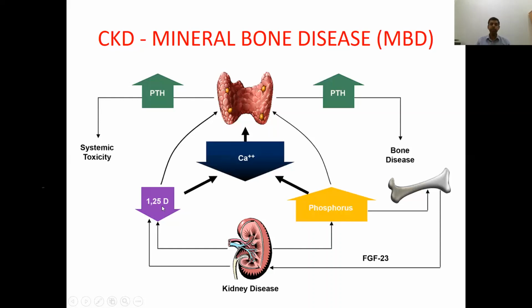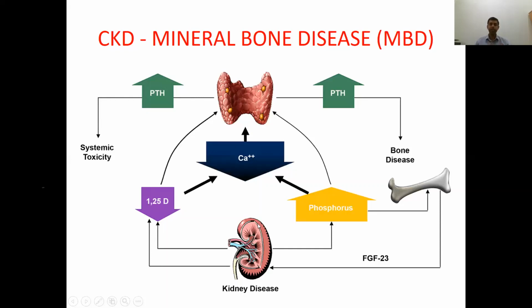At the same time, you can remember from your physiology biochemistry days that your vitamin D is converted to its active form, 1,25 dihydroxylation, in the kidneys. So in your CKD patients, this doesn't happen, so you end up with a vitamin D deficiency, which will again result in stimulation of the parathyroid glands and high PTH levels.